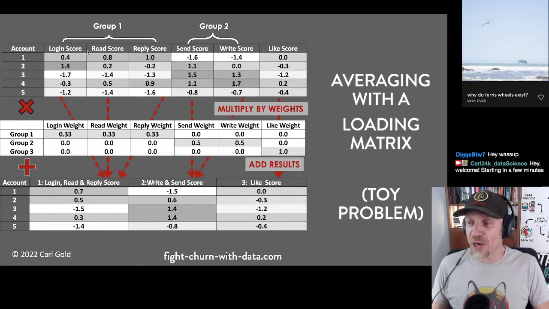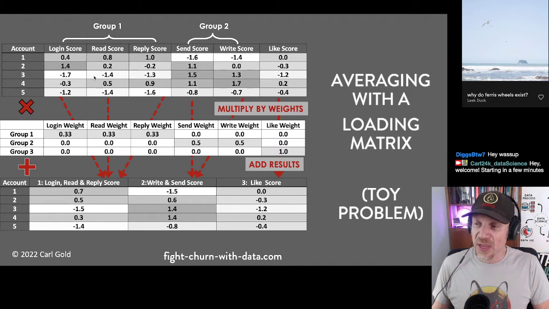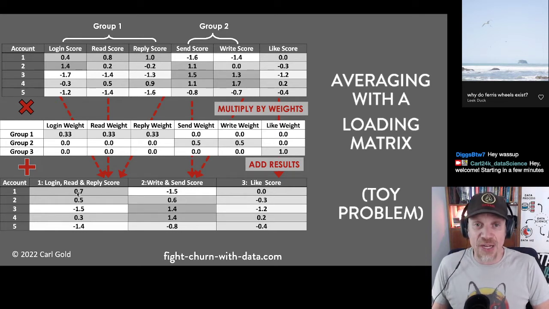If these 3 are correlated, we can average them in a group by multiplying them all by 0.33, 1/3, and summing it up. So if you average 0.4, 0.8, and 1, you get 0.7. And that would be the average metric for this first account for the first group.